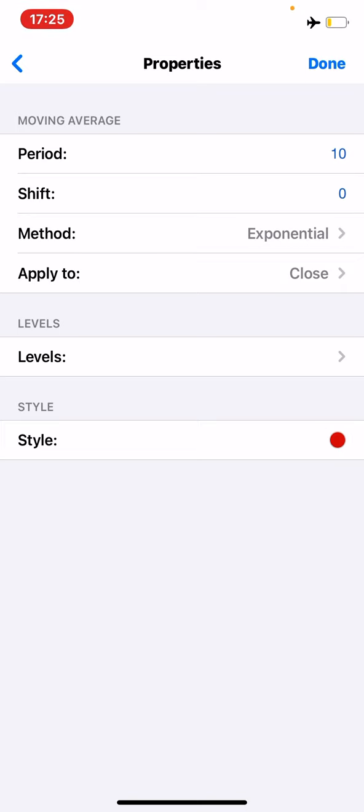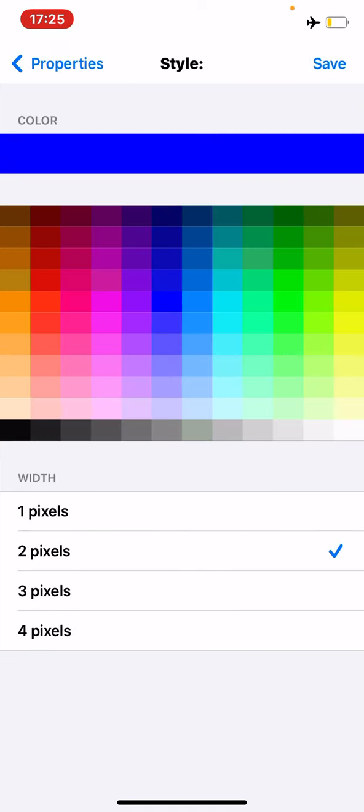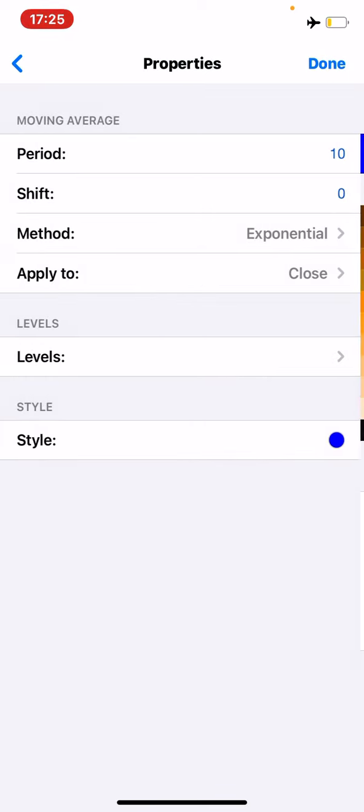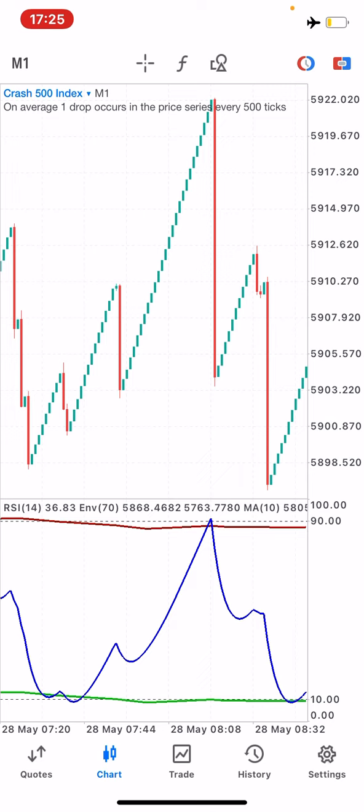It's going to have a period of 10, a shift of 0, a method of exponential, apply to close, and then no levels, and then the styling, you can pick any color of your choice. I'll choose blue this time so that there is no confusion when we do this strategy. And I'm going to click save, then done. And as you can see, I now have a blue line running across my charts.